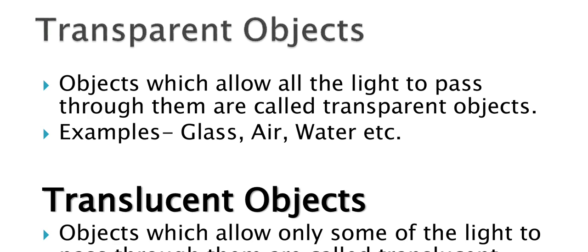We can see clearly through transparent materials, and they allow all the light to pass through them because they do not absorb or reflect any light. That type of object is called a transparent object.